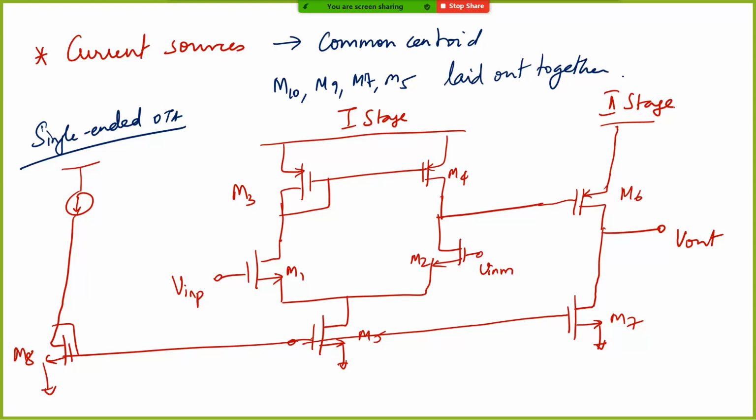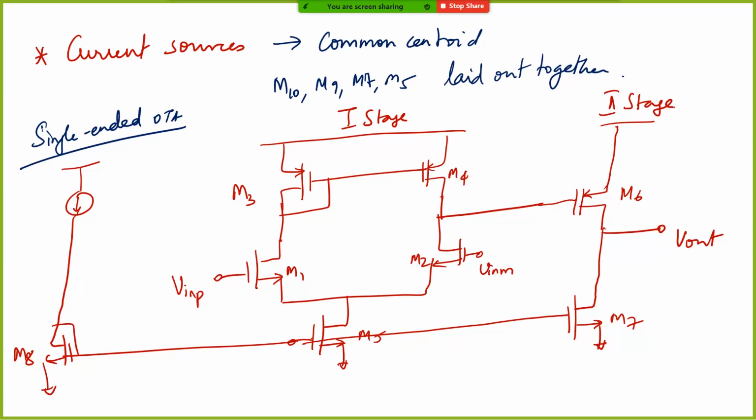Which of the stages will have a low contribution to the input referred noise? Or will they have equal contribution? Stage 1 will have more contribution.